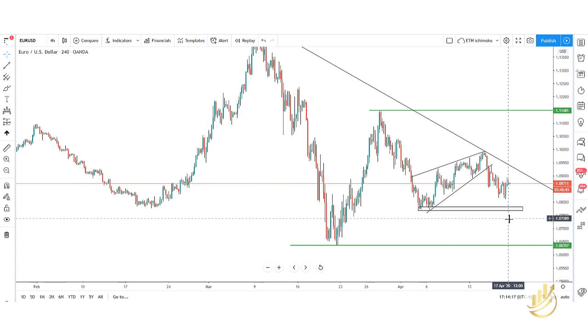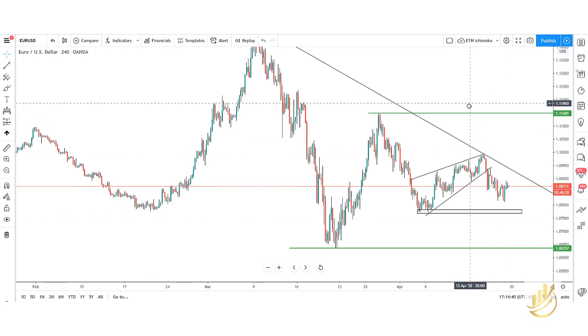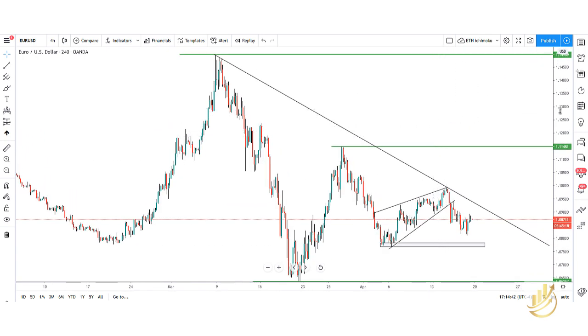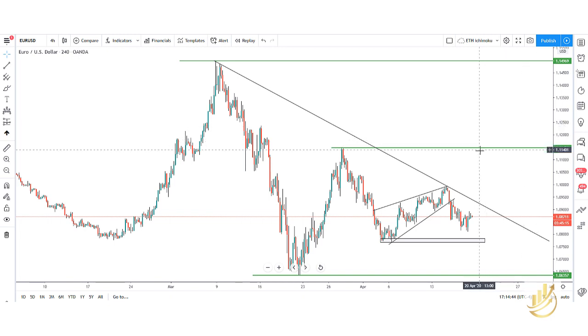Always remember, it is all a study of human behavior. Humans tend to do the same things over and over again, and we humans trade these charts, so this reflects our personality. Same thing, price action patterns tend to repeat over and over again.